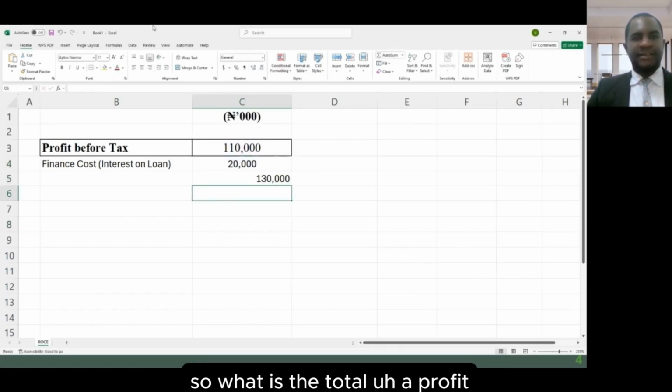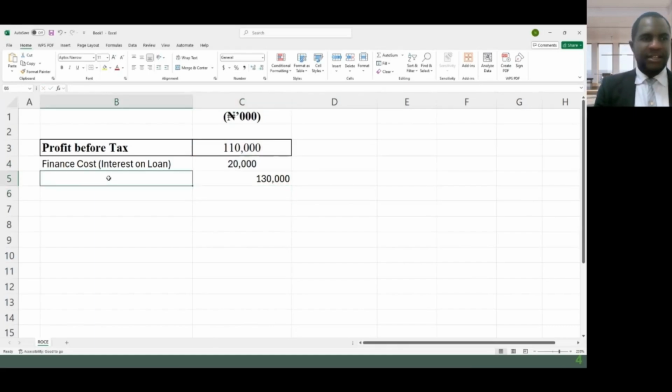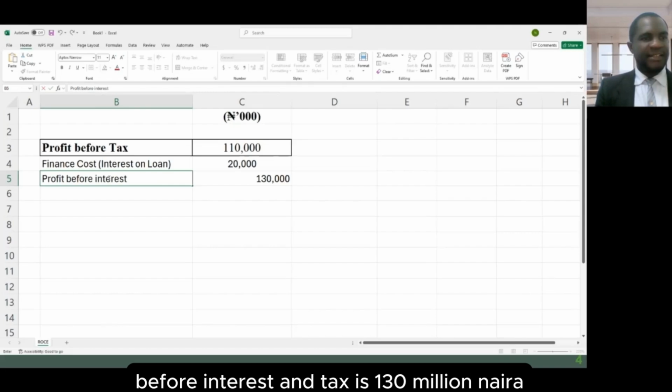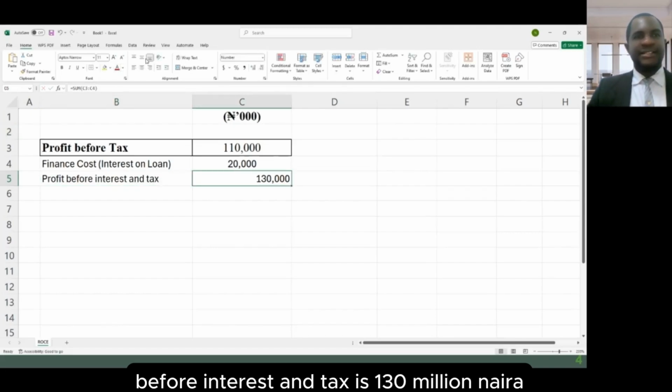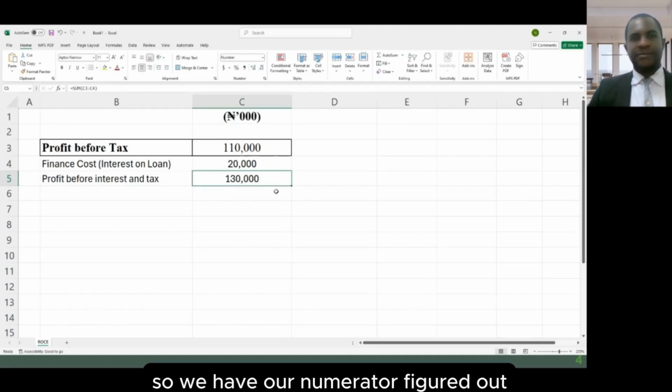So what is the total? Our profit before interest and tax is 130 million naira. So we have our numerator figured out already.